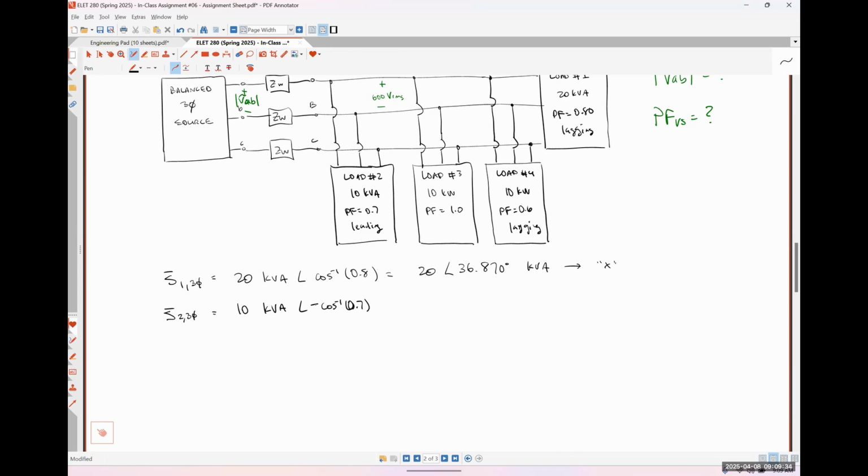So just throwing that into my calculator real quick. I get 10 angle negative 45.573 degrees kVA, and I'm storing this as Y.